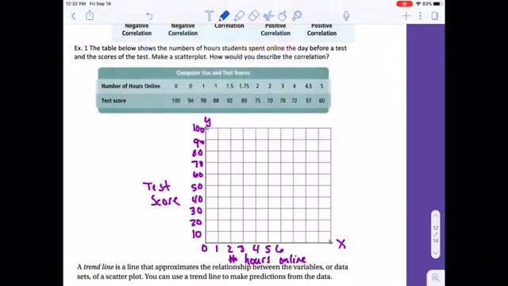Now I'll plot my points. So we have 0, 100.